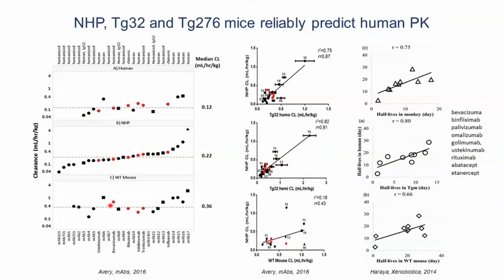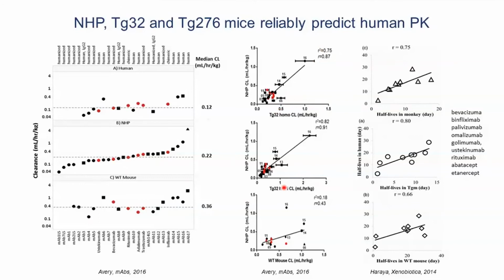However, when plotted against clearance values that were yielded from wild-type mice, you can see that it doesn't yield a very good pattern that matches either the human or non-human primate. They also plotted the non-human primate clearance versus TG32 homozygous, and you can see that it correlated quite well.